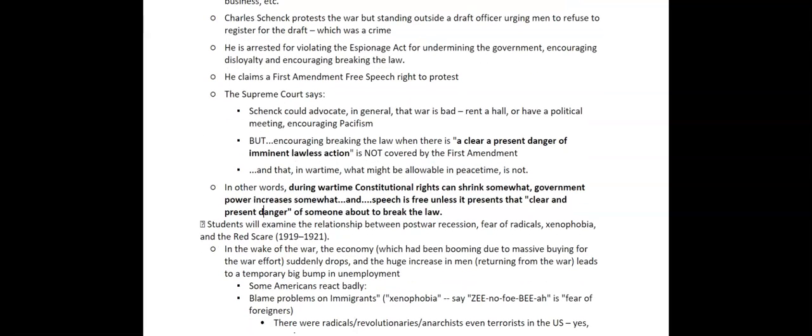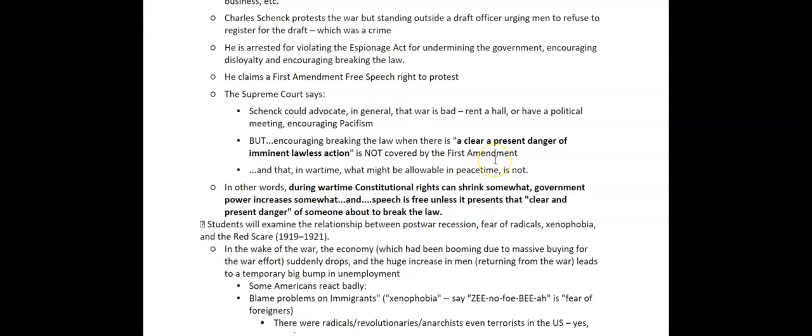He's arrested for violating the Espionage Act, for undermining the government and encouraging disloyalty and encouraging breaking the law. Schenck claims that he has a First Amendment free speech right to protest the war. That's what freedom of speech is all about, to say, I think this is terrible.